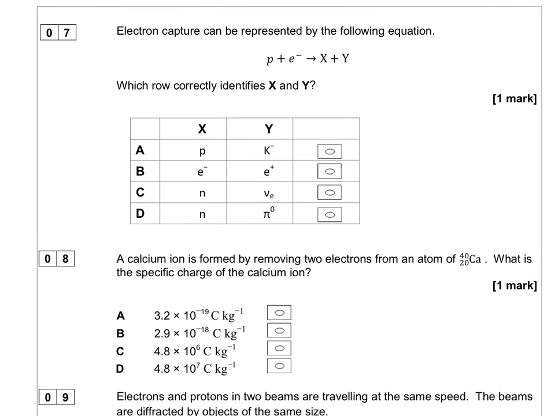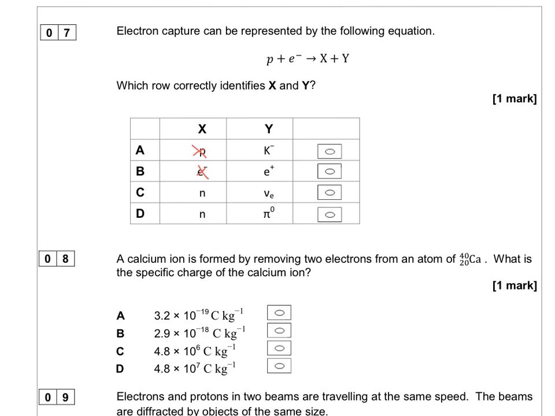Okay, so electron capture can be represented by the following equation. Which row correctly identifies X and Y? In electron capture, a proton captures an electron through the weak interaction, turning into a neutron and an electron neutrino. So particle X is going to be a neutron, so that eliminates these two.